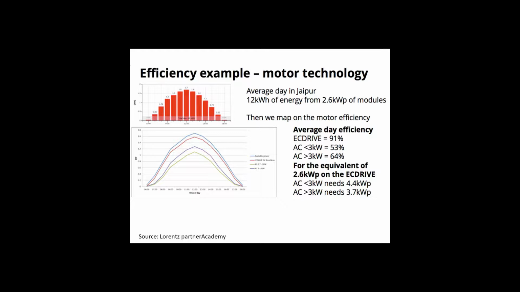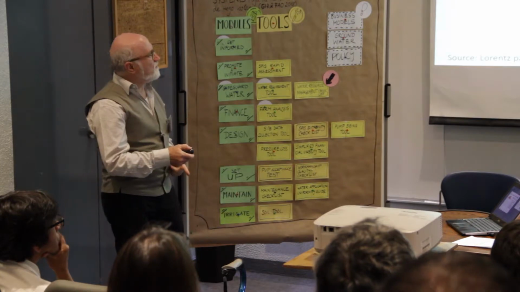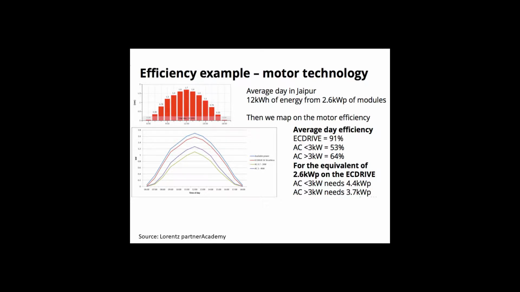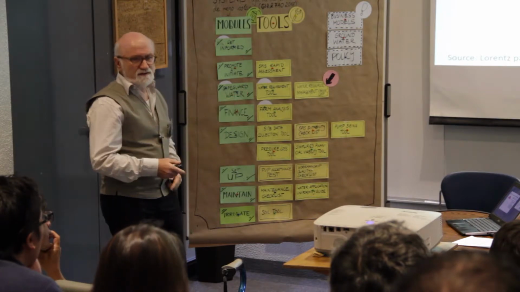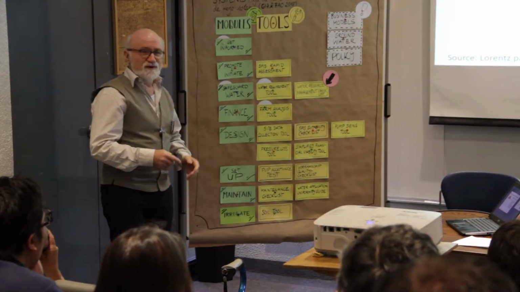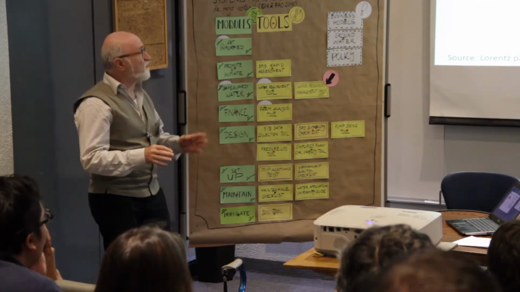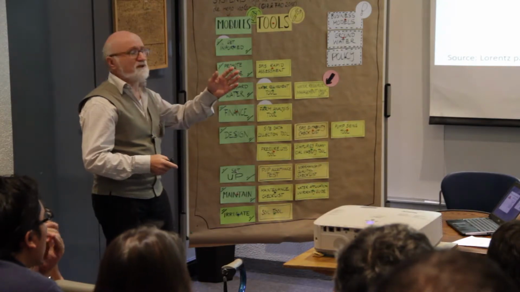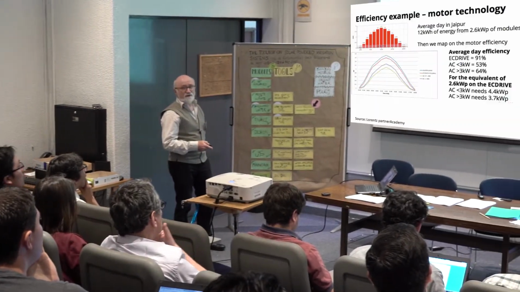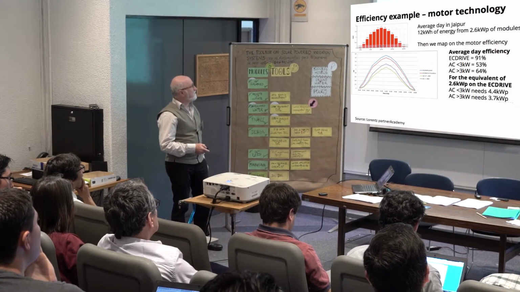They are optimized, and especially for smaller systems, you have a DC motor, so you have very high efficiencies. If you use AC motors, they have much less efficiency, so you would need more panels. But you have to see what would be the best option for you, because it's so much cheaper that in the end you still decide for an AC motor.